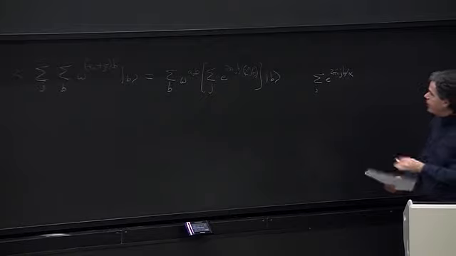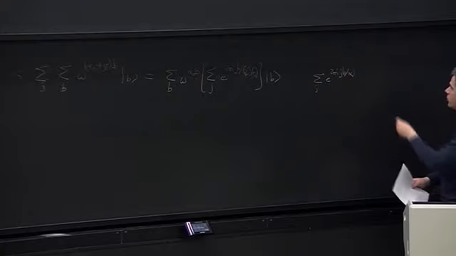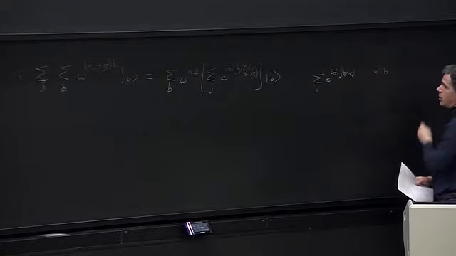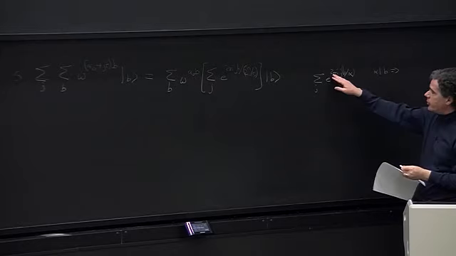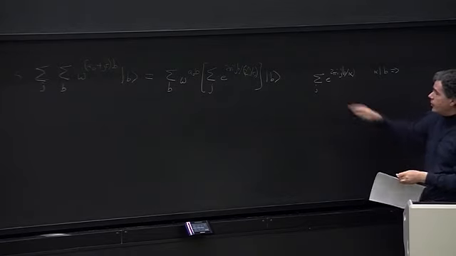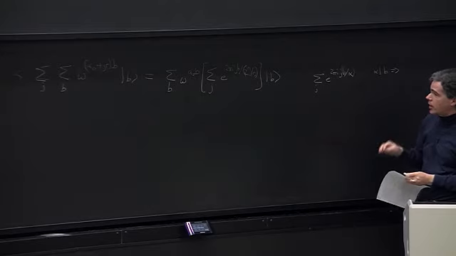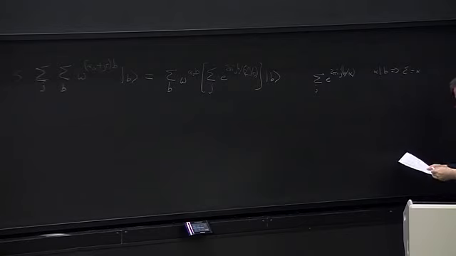Now, if b over alpha is an integer, so if alpha divides b, then for any value of j, this is just 1, right? And so we have to sum over the number of different values of j we have, which it turns out there's alpha of them.